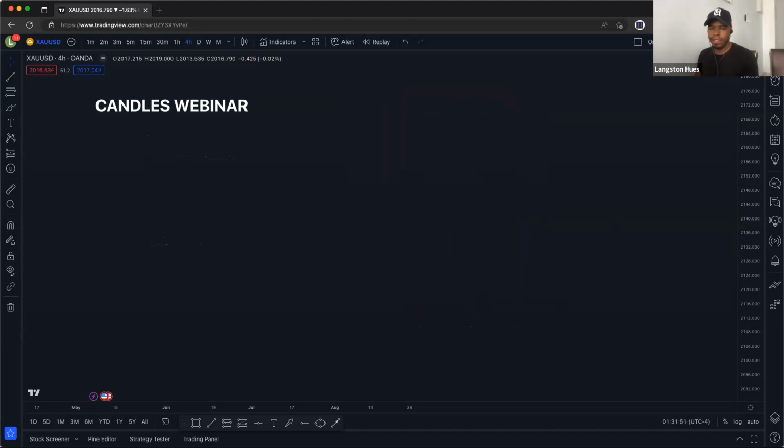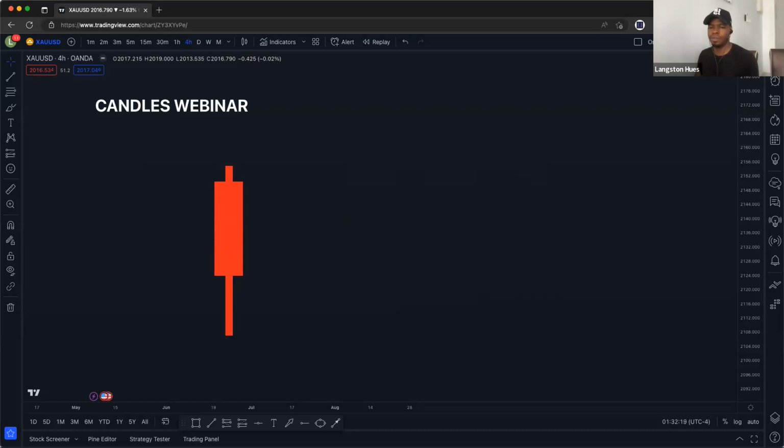Now let's look at these 4-hour candles, right? How do we actually read these candles? So let's say we have a 4-hour candle that maybe looks something like this. It created this little top wick and this long bottom wick, right?